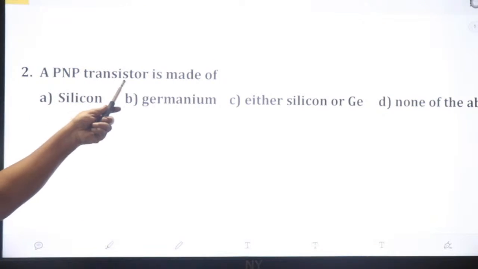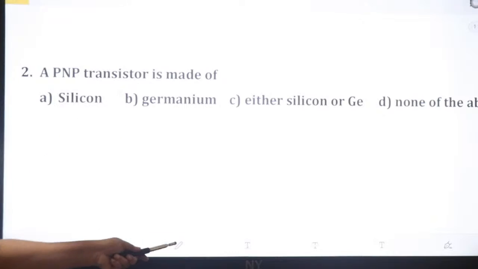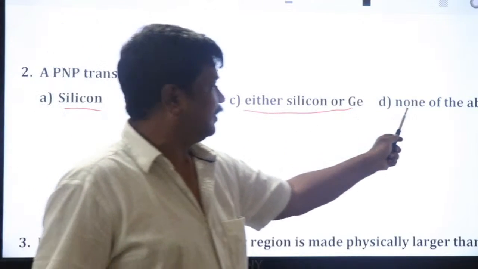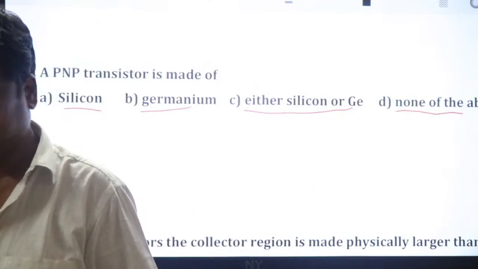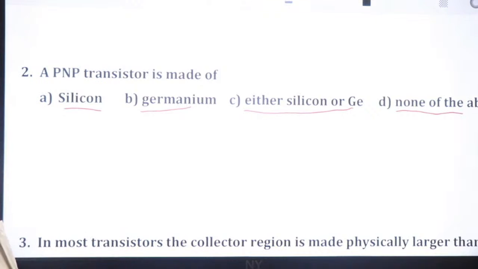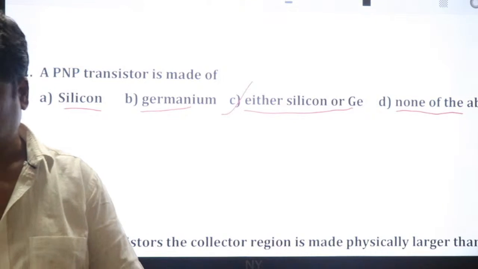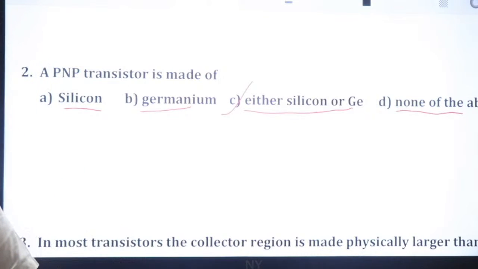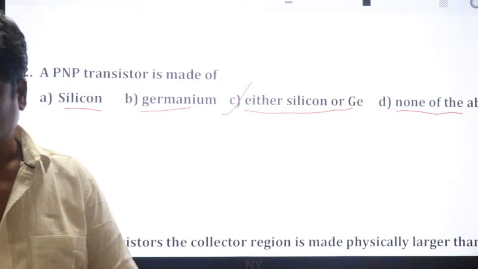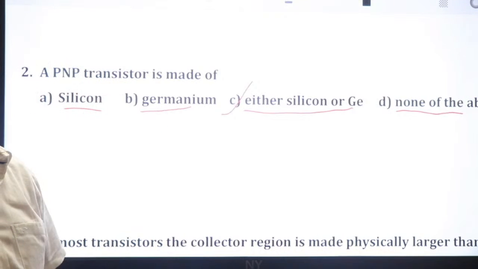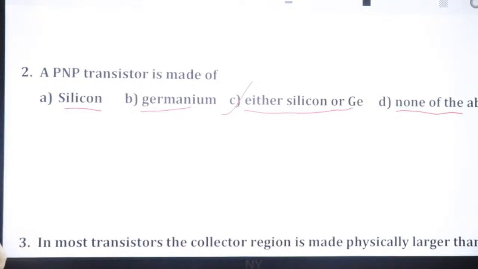C is the right answer. It may be made by either silicon or germanium. You can manufacture with either silicon or germanium because it is an electronic device. Okay, ma? Right, all of you?